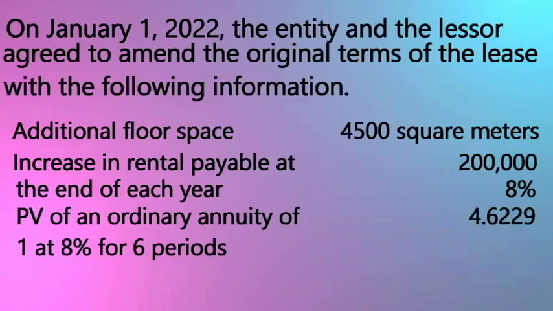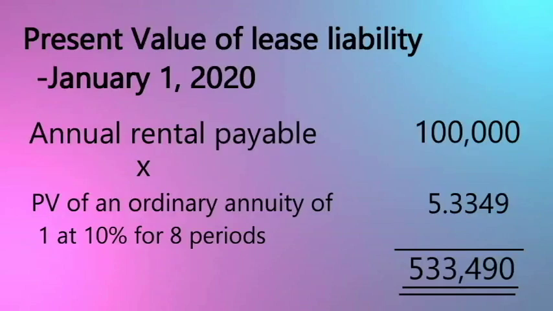On January 1, 2022, the entity and the lessor agreed to amend the original terms of the lease with the following information. And nabago rin yung implicit rate in the lease from 10% to 8%. So the first step is to find and compute for the present value of the lease payments as of January 1, 2020.